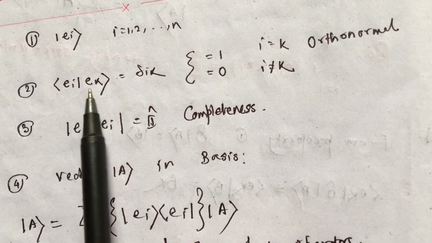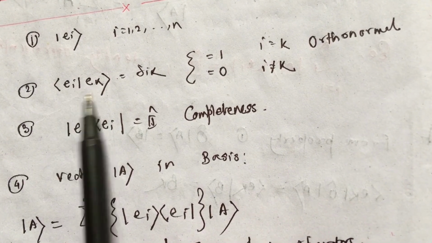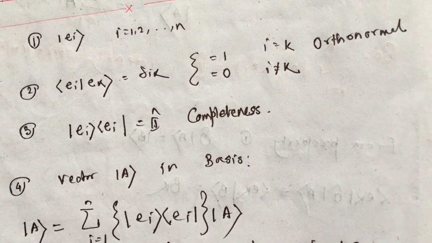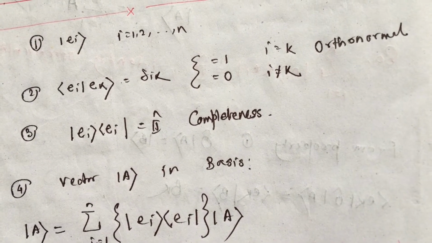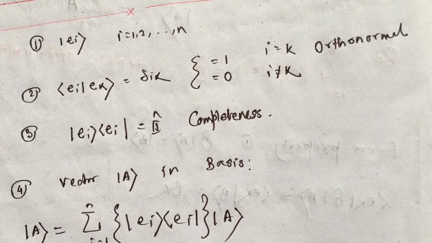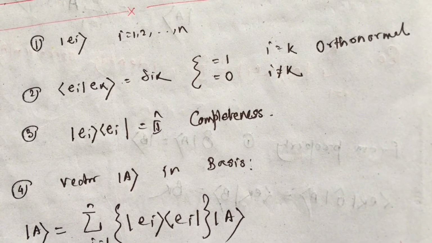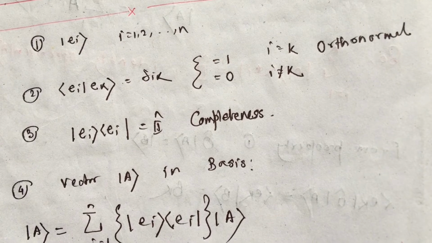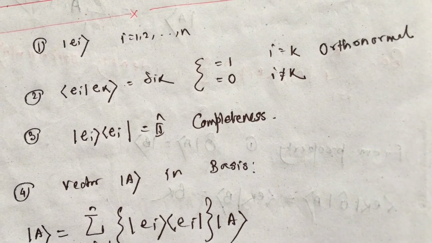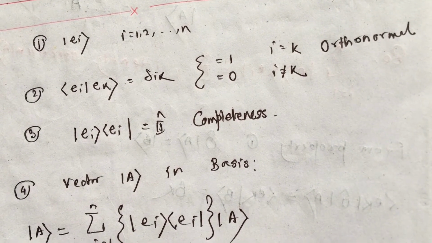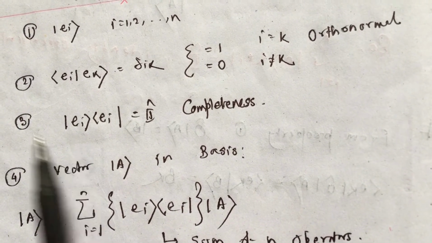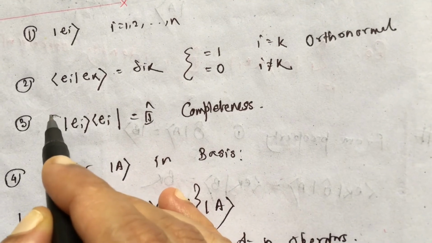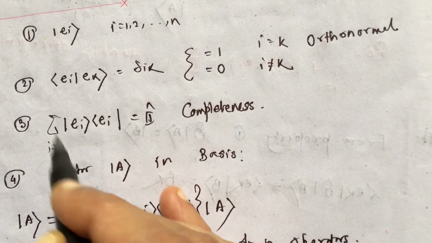That means Ei and Ek, these two basis vectors, are perpendicular to each other. Just like in Euclidean space, we have found that i dot j equals 0, j dot k equals 0, but i dot i equals 1, j dot j equals 1, k dot k equals 1, etc.